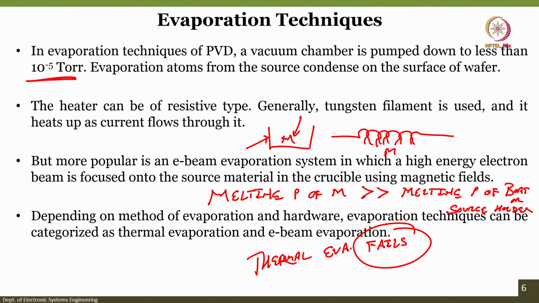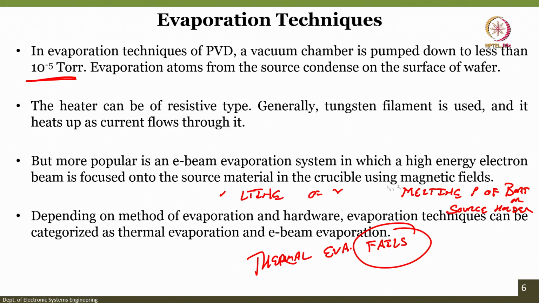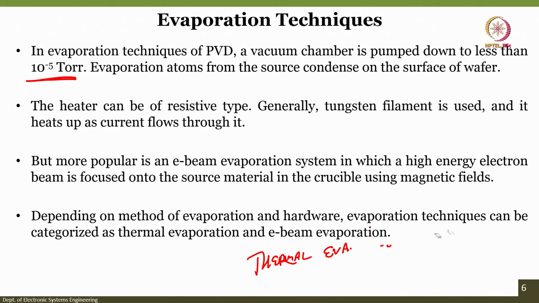So when we want to deposit such materials, we go for electron beam evaporation. Okay. And that is the reason for E beam evaporation. When the material you want to deposit has a very high melting point compared to the material used for the boat, then we need to go for an E beam evaporation system.